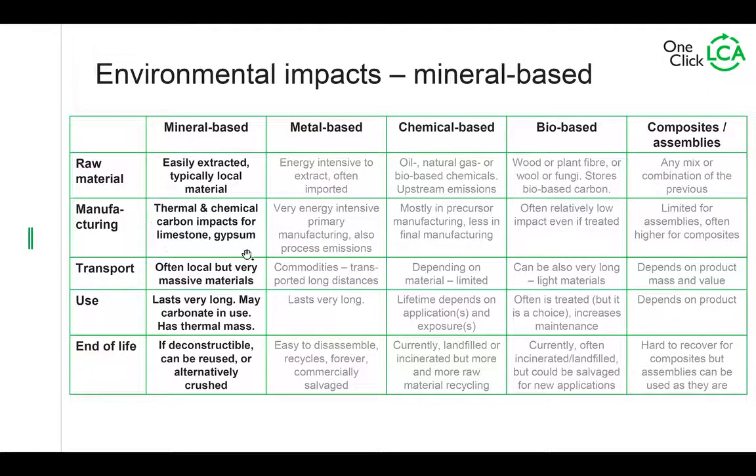Manufacturing often requires thermal treatment, and it may have chemical processes causing further carbon impacts, especially for limestone and gypsum-based products. These products are often local but very massive materials. So you should always be mindful when you choose mineral-based materials that you are actually considering their transport impacts.